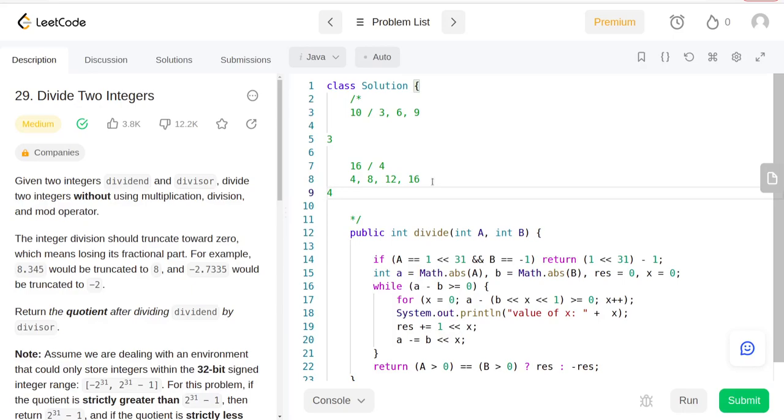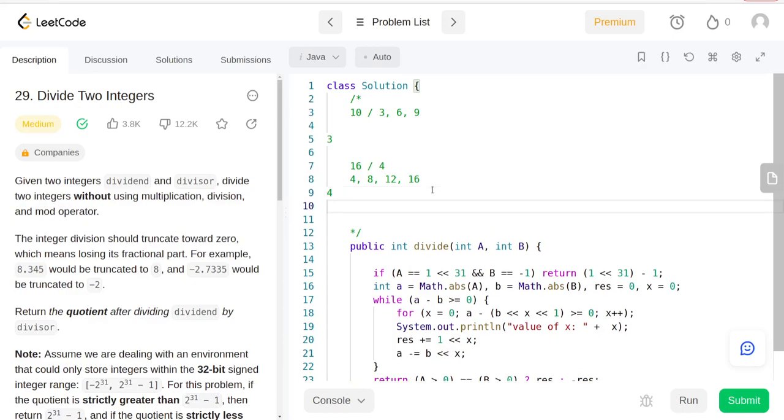This is not very efficient. That won't clear the interview. The time complexity is because every single time you are adding the divisor to it.